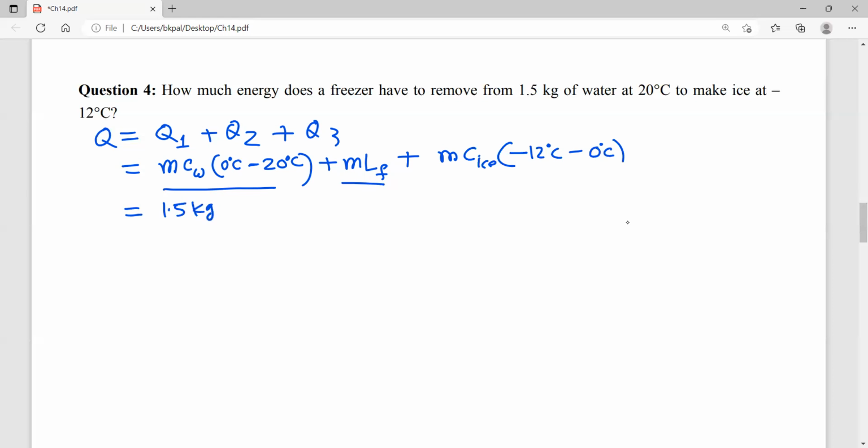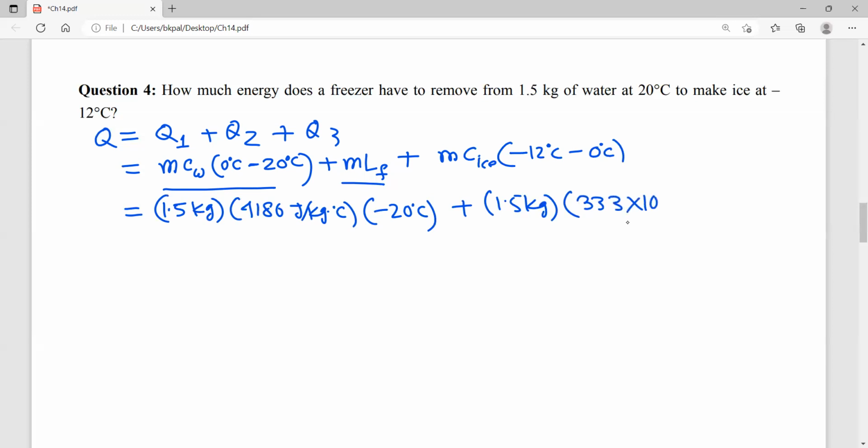1.5 kilogram, c_w is 4186 joule per kilogram degree Celsius, and this is minus 20 degrees Celsius. Then the mass is again 1.5 kilogram, and the latent heat of fusion is 333 times 10 to the power 3 joule per kilogram. Make sure you understand this.